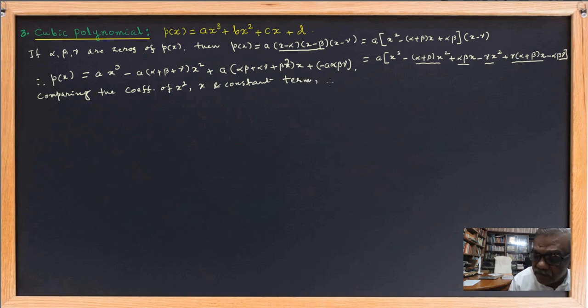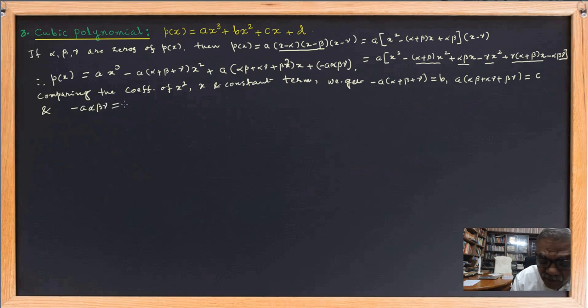We get minus a into (alpha plus beta plus gamma) is equal to b, and a into (alpha beta plus alpha gamma plus beta gamma) is equal to c, and minus a alpha beta gamma is equal to d.